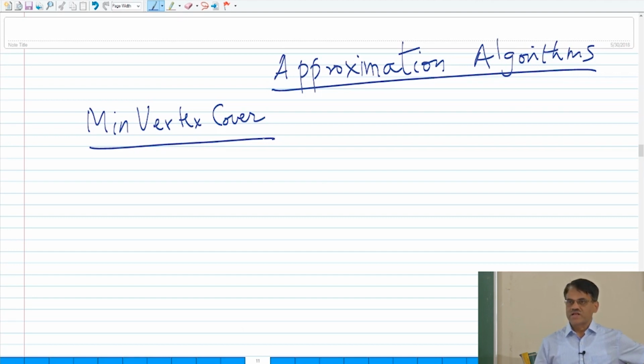Pick the vertex with highest degree, include it in your solution, delete that vertex and repeat. Right. This is a natural greedy algorithm. I don't know whether we have it in a problem sheet yet, that this does not necessarily produce the optimum solution. Okay. So, here is a simple example.